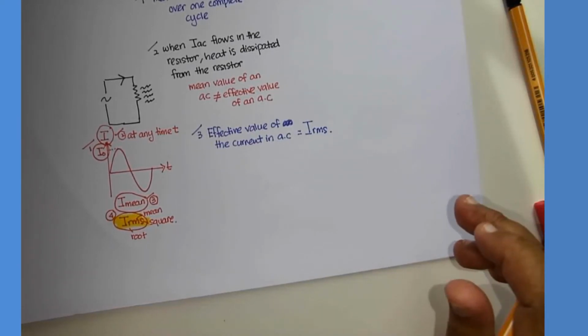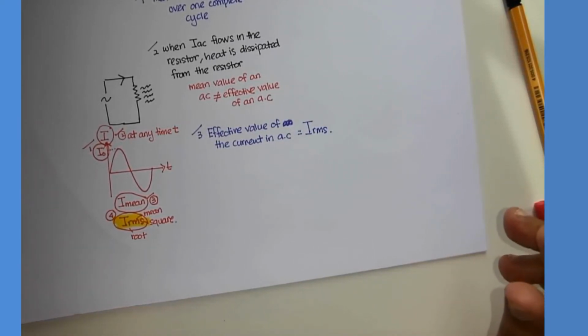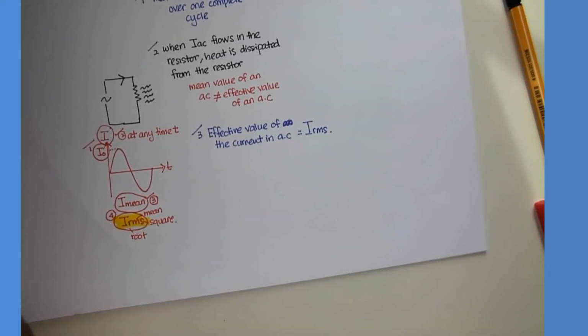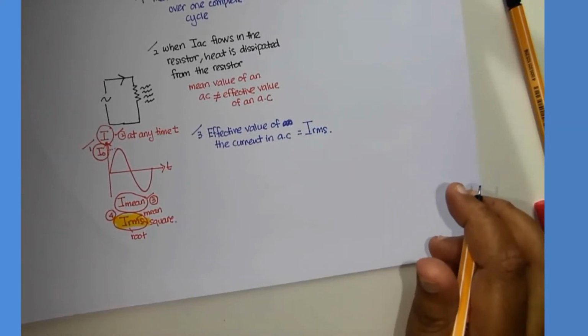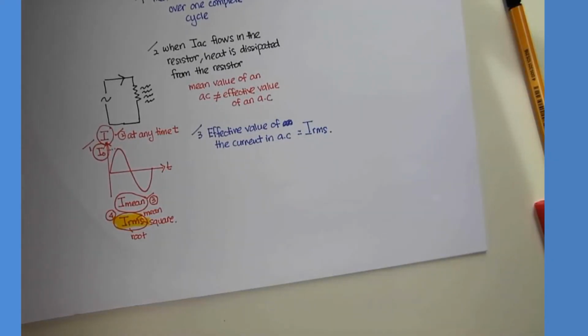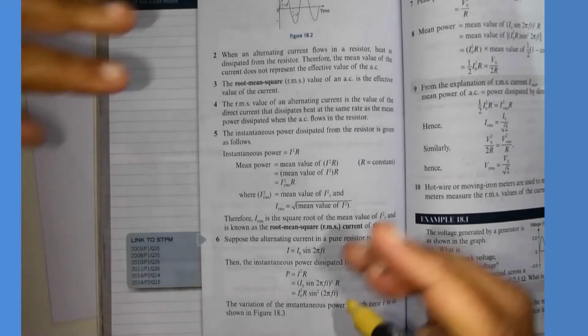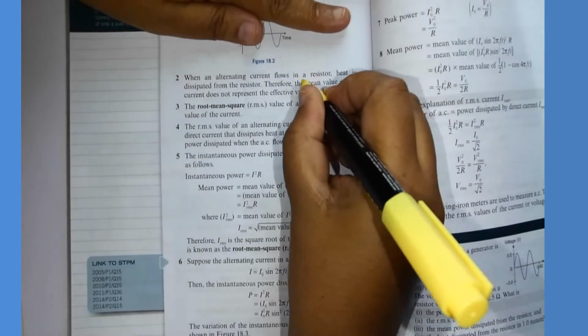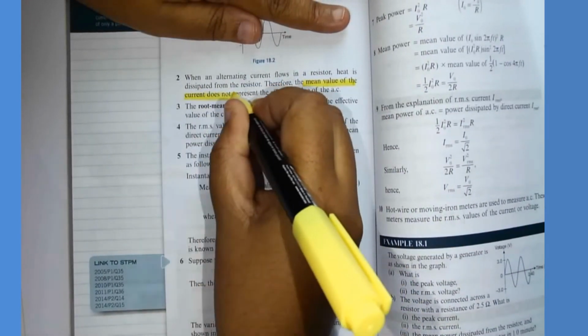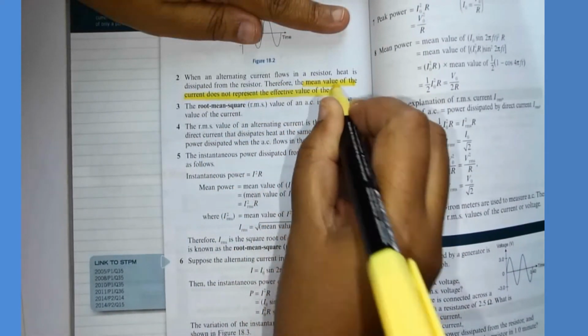Okay, so this is one concept. Now what does the root mean square value say? This is the definition, so let's look at your textbook. The key point here, point number 1: the mean value of the current does not represent the effective value of the AC.